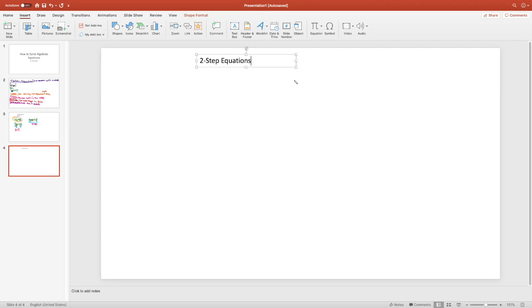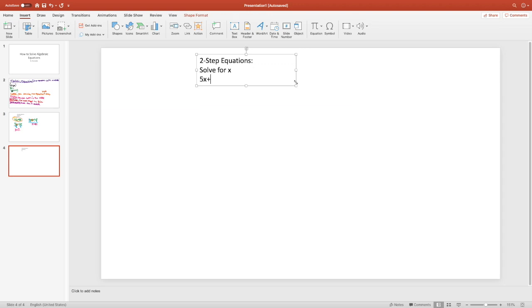So first, we're going to solve for the variable. The variable could be anything. As far as I'm concerned, it could be m, but we're just going to say it's x because that makes it easier.